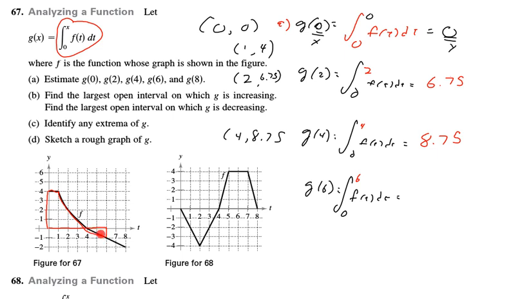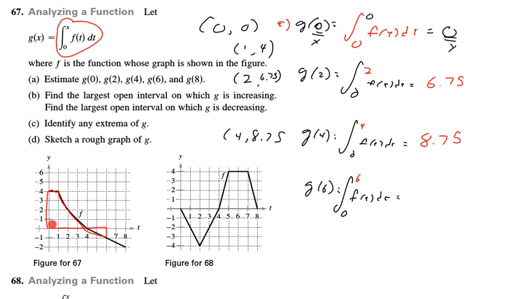This is going to subtract from our value of g. When the graph is below the line, that's when the function is reducing in value.